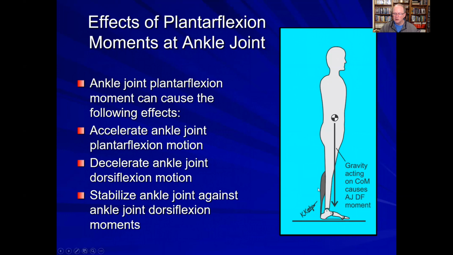So you can see we need that gastrocnemius soleus muscle to have contractile activity in it to generate the Achilles tendon tension force pulling upwards on the calcaneus to create that internal ankle joint plantar flexion moment in order to resist that external ankle joint dorsiflexion moment coming from gravitational acceleration acting on our center of mass.